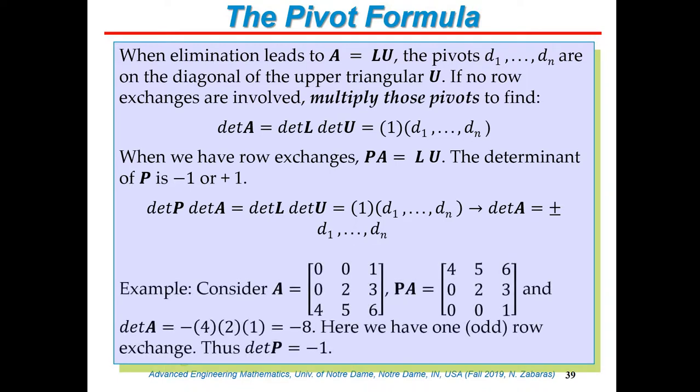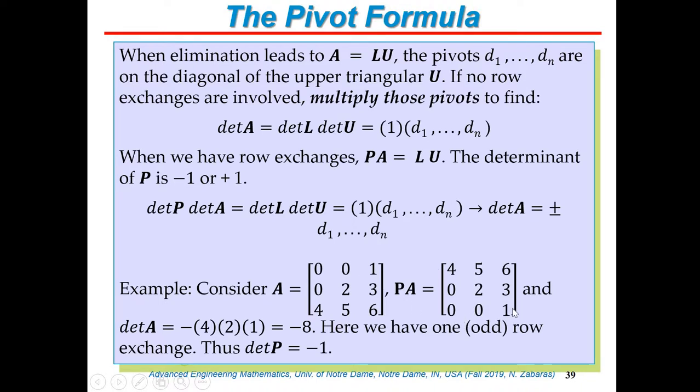Okay, so let me do a simple example. This is a 3 by 3 matrix. You can see here this element is 0, so that's not good. So the way we proceed is we do a row exchange. We take row 3 and we put it as row 1, and row 1 goes back to row 3.